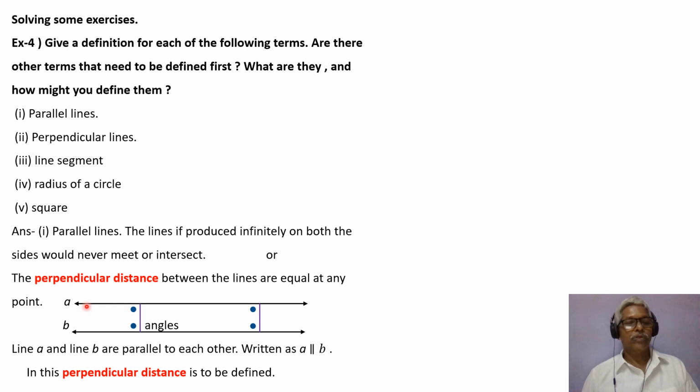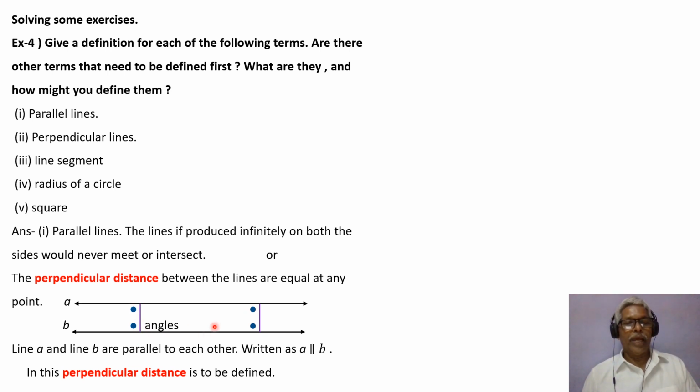Now we will try to understand this. This is a line A, this is a line B. If you find a line or a segment perpendicular to both, making an angle of 90 degrees on A and on B, then you note down this distance.